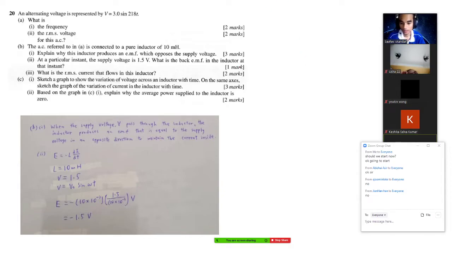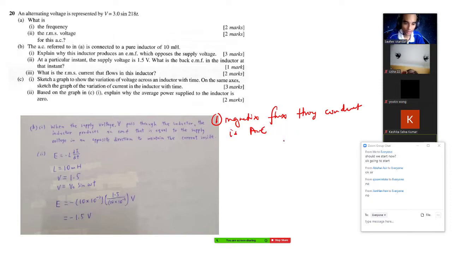First of all, mention the magnetic flux through the conductor is AC.